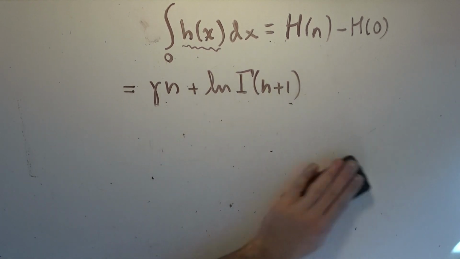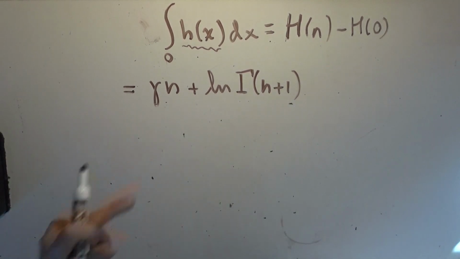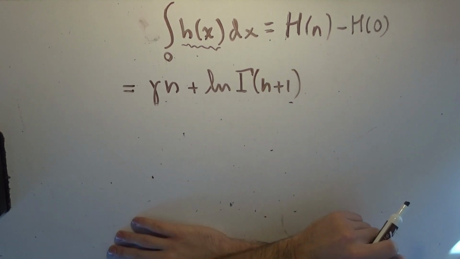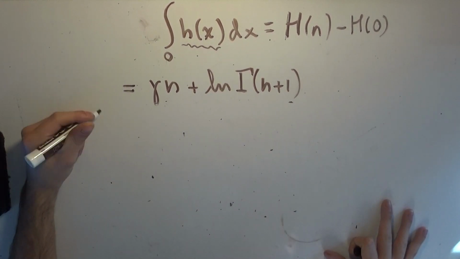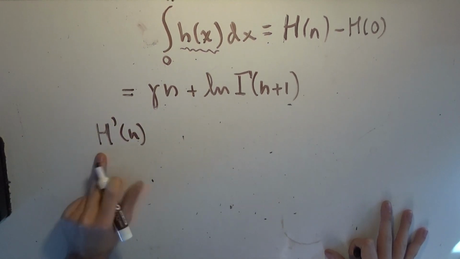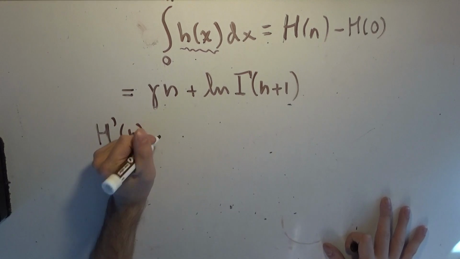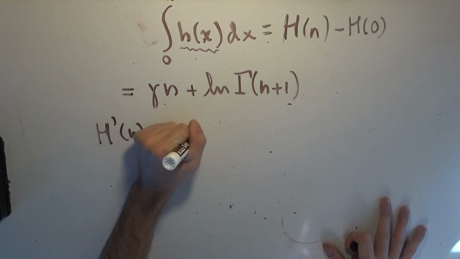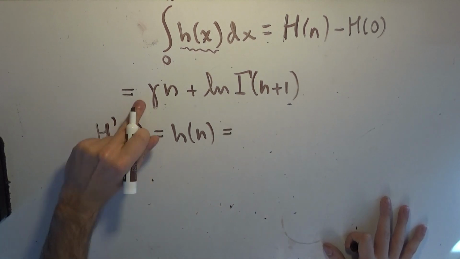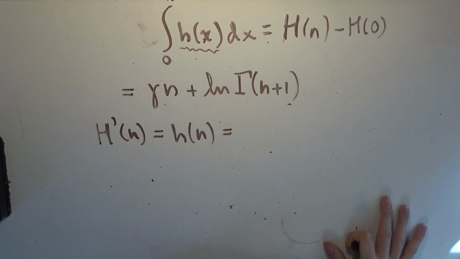So all we have to do to figure out what the harmonic numbers are equal to is to simply take the derivative with respect to n here. So we end up with the derivative of capital H of n, the antiderivative of the harmonic numbers, which is equal to the harmonic numbers, since we are taking the derivative. What's the derivative of a constant times n? It's just that constant.